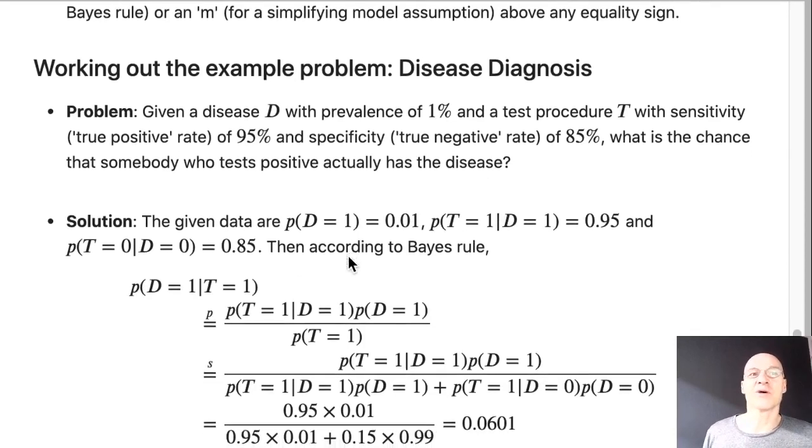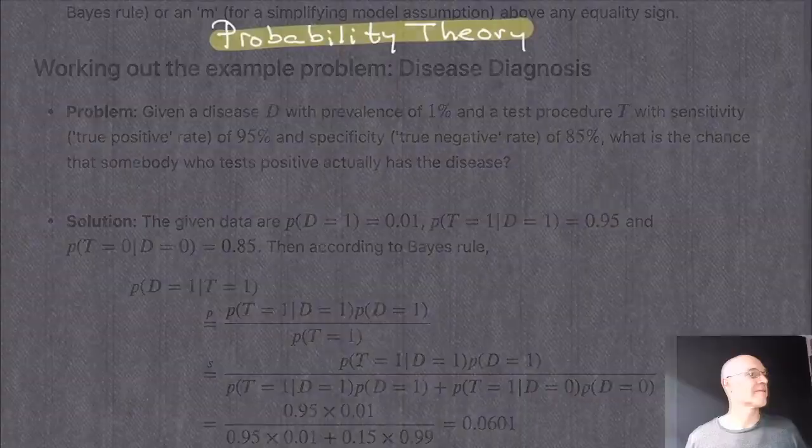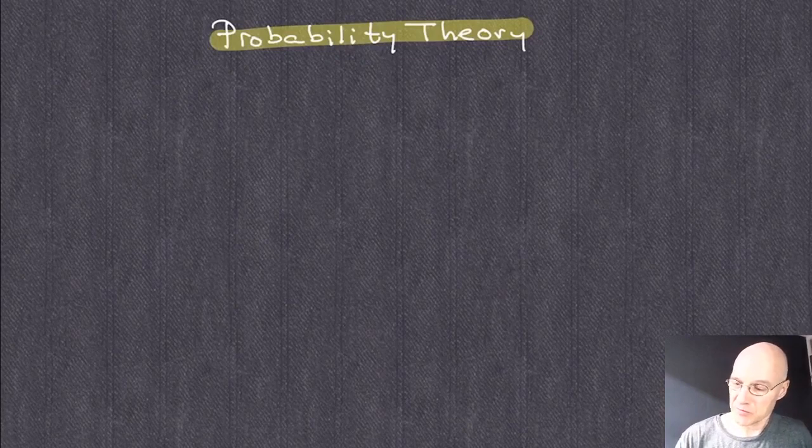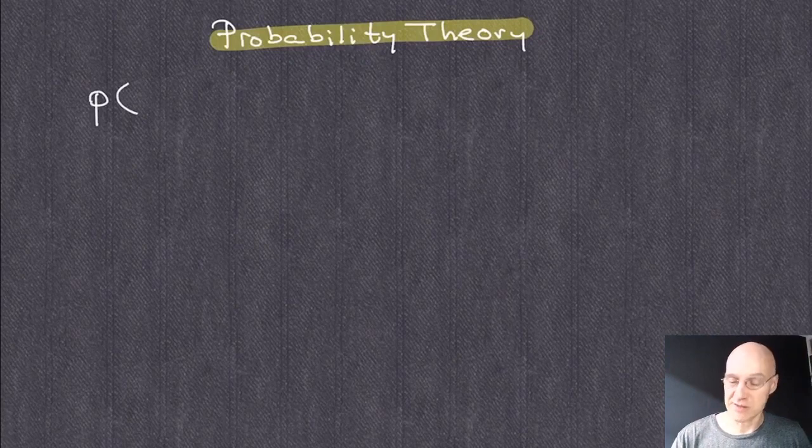What we can do, and this is an exercise you should follow along with the product rule, is write this out. We want to know the probability that somebody has the disease given that the test comes out true.